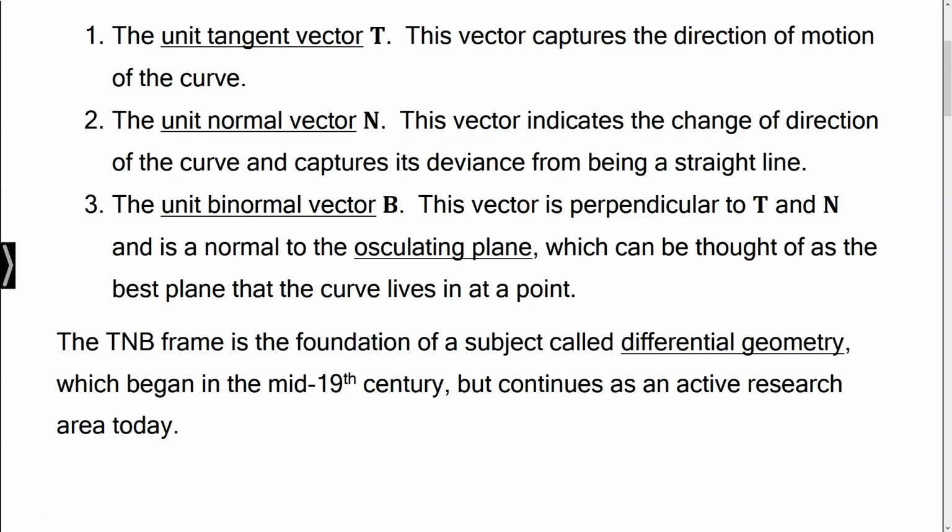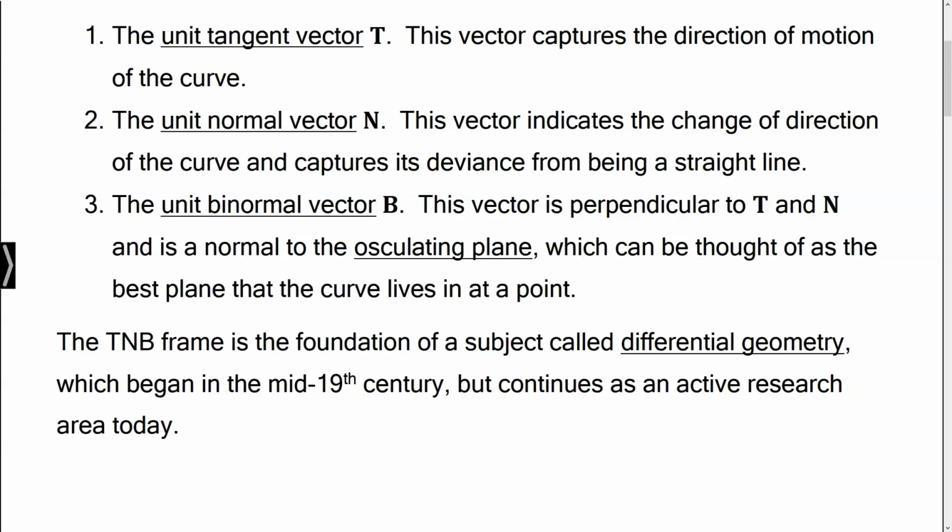Then the third one is the unit binormal vector, and its definition simply says you take the cross product of the unit tangent and the unit normal. What this ends up meaning is that it's normal to the plane containing the unit tangent and the unit normal, and that plane is called the osculating plane. The best way to think of the osculating plane is as the best plane that the curve lives in.